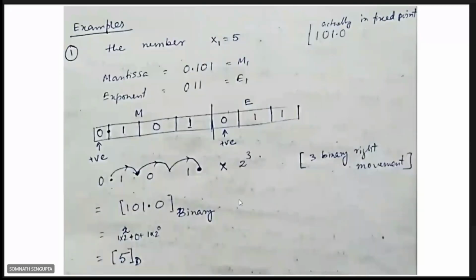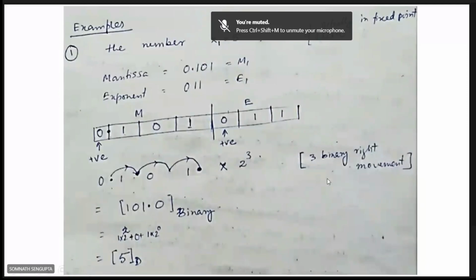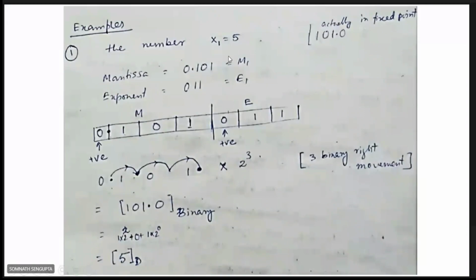So let us discuss with some examples. Say our number x1 is equal to 5. How will we represent this number in the floating point binary system? We know that floating point has two parts: the mantissa and the exponent part.